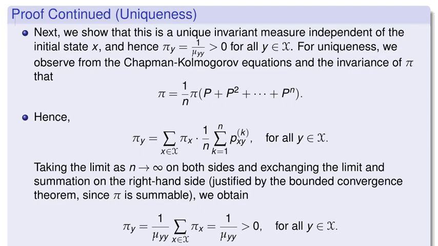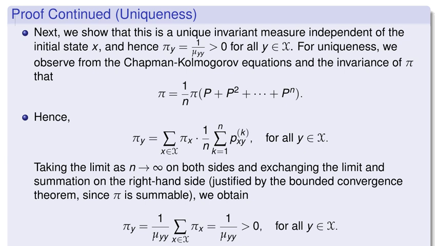taking the limit as n approaches infinity on both sides, and we can exchange the limit and summation on the right hand side. This is justified by the bounded convergence theorem, as pi is summable and the Cesaro sums are bounded by 1.